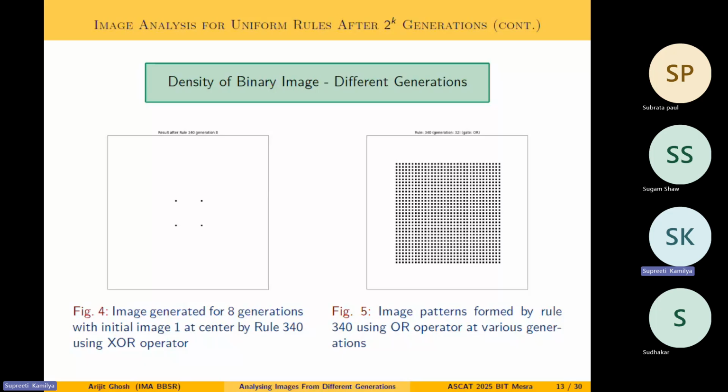It is due to the overlapping that the images are dispersed like this. Since our formula works for all operators, all states, and different binary operations, we have taken the OR operator here and have seen how the pixels are formed, how they are distributed, how they are dense in nature, and just not appear in this manner.